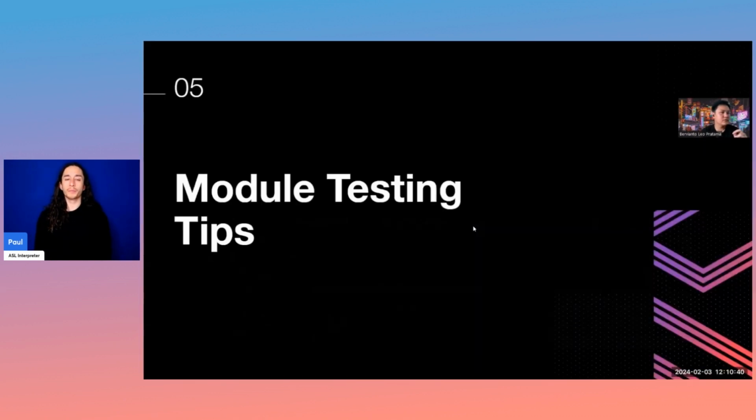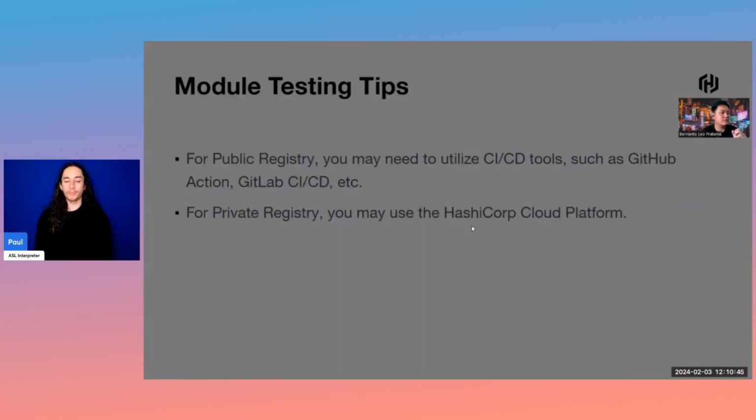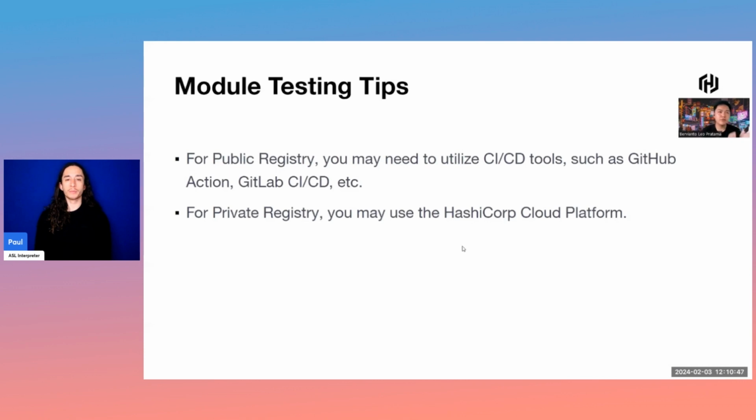Okay, I will bring you some tips to do testing. As mentioned before, you may use CI/CD tools, but basically, if you want to publish it as a public registry, I suggest using CI/CD tools. For example, you can use GitHub Actions if you use GitHub as the repository, or GitLab CI/CD.